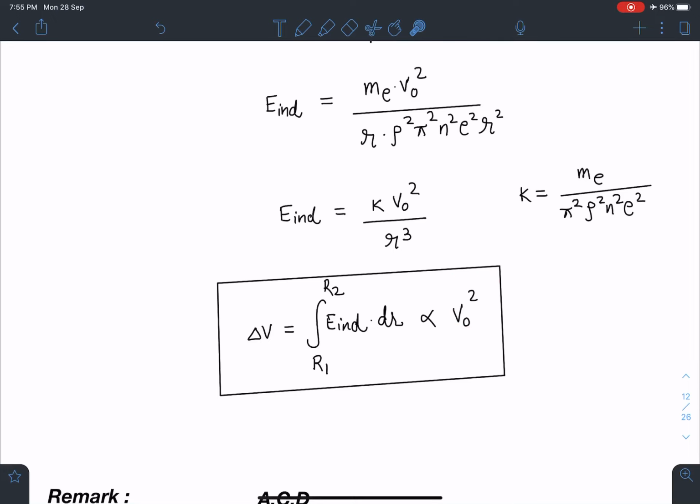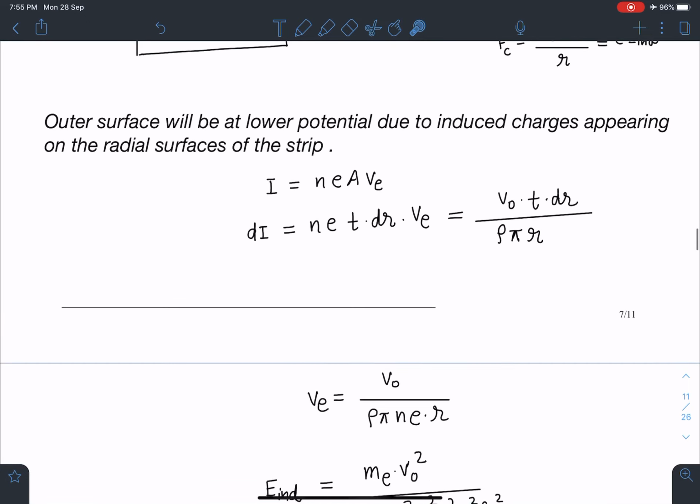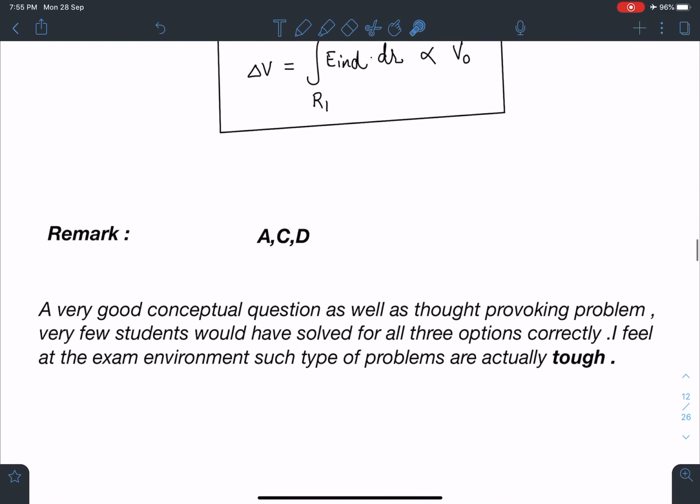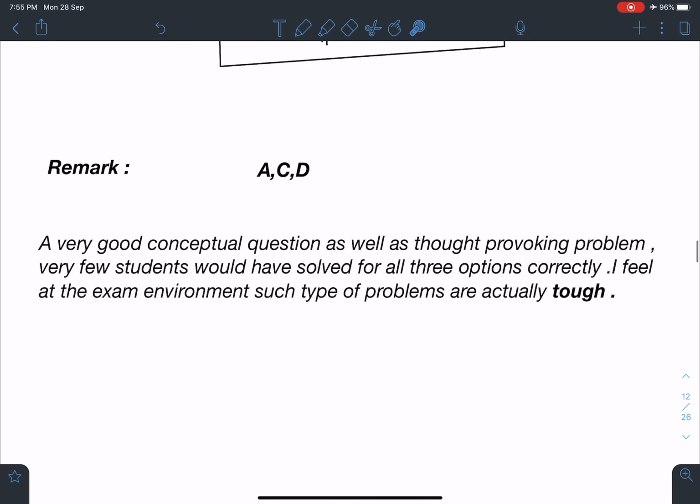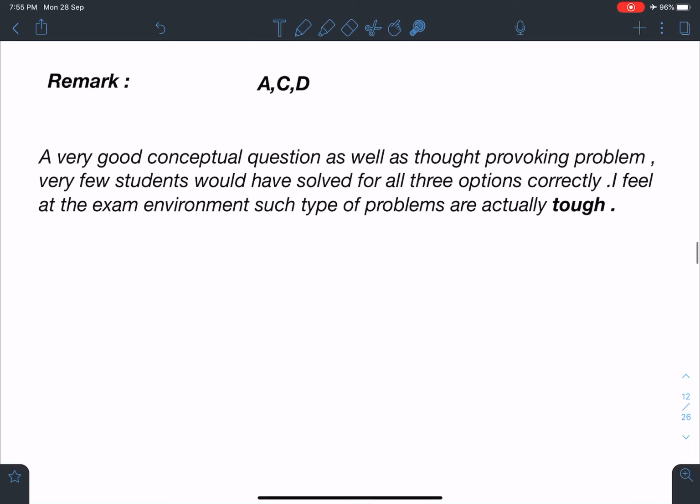So this is also an answer, and the correct answer for this problem is ACD. In my view, it's a very good conceptual problem as well as thought-provoking, especially the potential difference part. Very few students would have solved it correctly for all three options, and in an exam environment it is really difficult to crack such problems easily. So it's a tough problem.